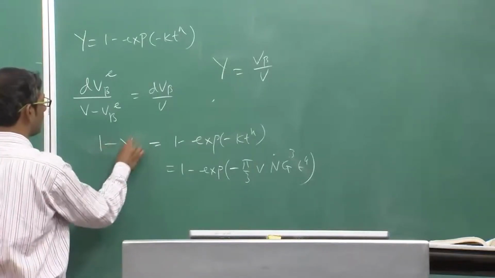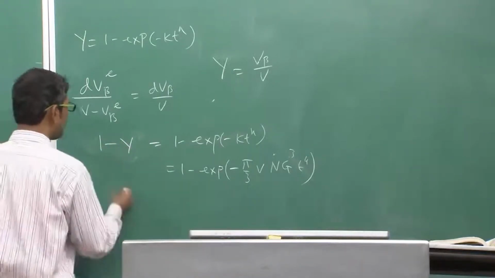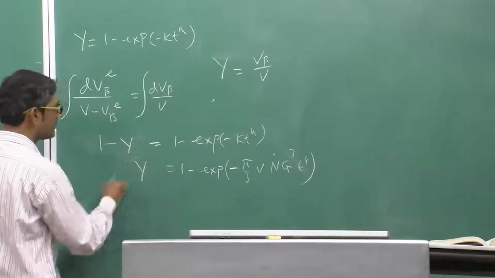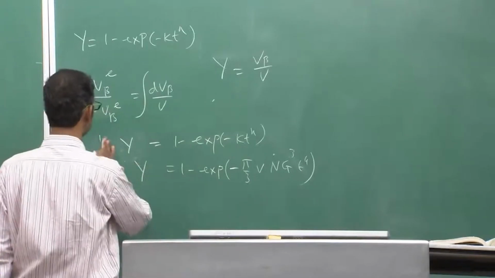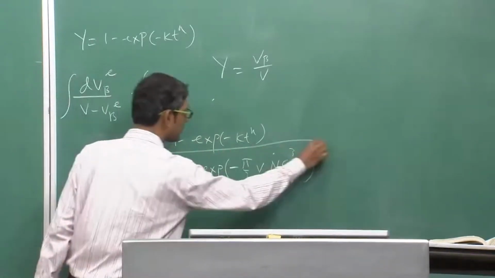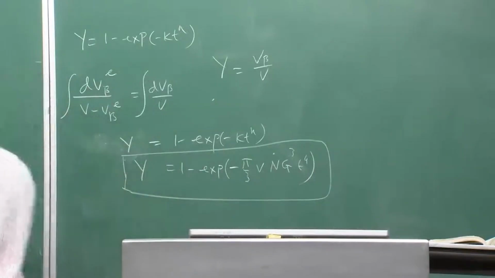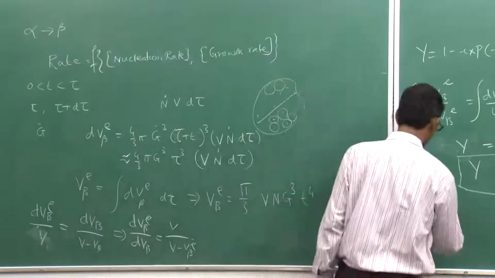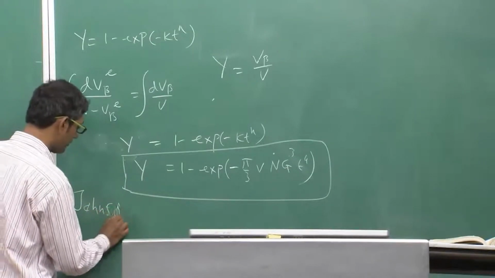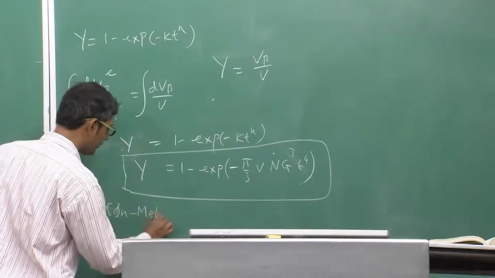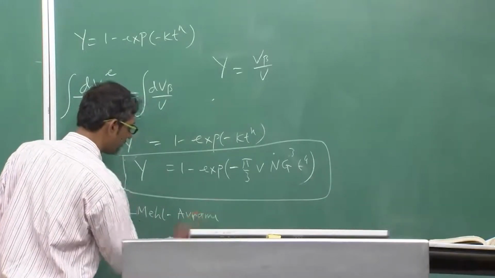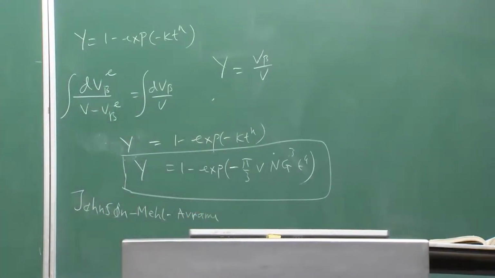This will be 1 minus y, log has gone there. Because we are integrating these things, y becomes this, and this particular expression which is derived from this equation is known as the Johnson Mehl Avrami equation.